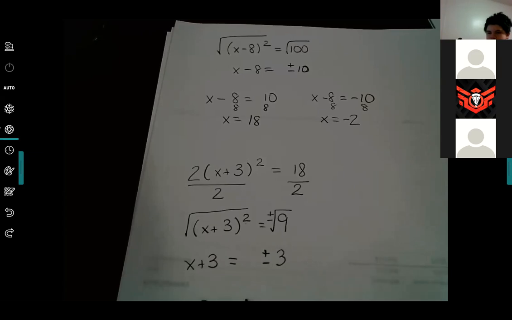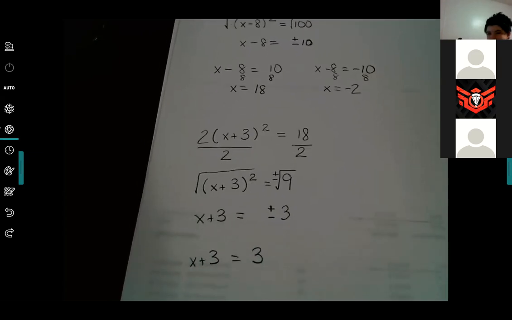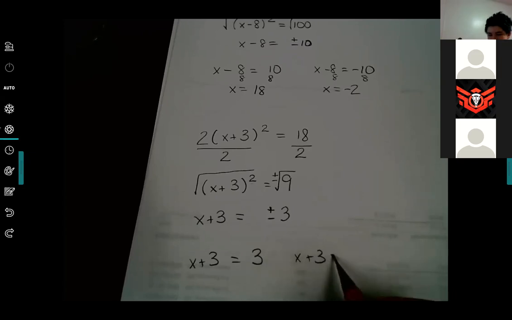X plus 3 equals positive 3. X plus 3 equals negative 3. And solve both of those. Derek's got it, Emmanuel's got it, Chloe's got it. Zonell, you better look at yours again. You never took the square root of 9 in those answers that you gave me. You just put 9.